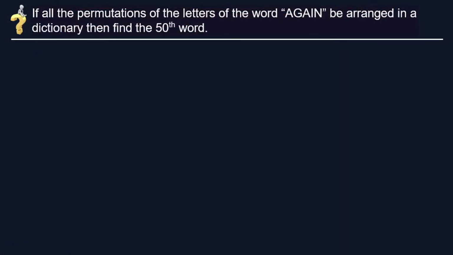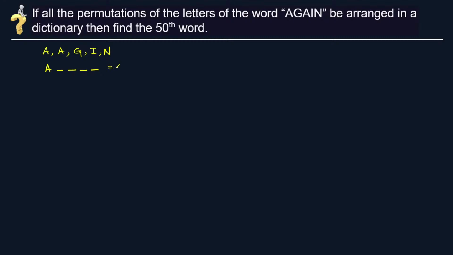Okay, so let me write again first alphabetically. It's first A, A, G, then I, then N. Okay? Now, the word that will start with A, because alphabetically it will start with A. Now we are having 4 places and 4 alphabets.